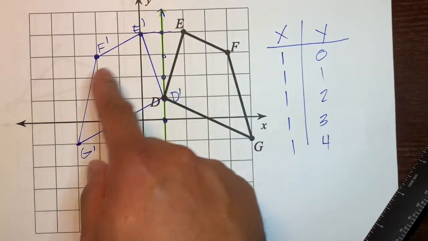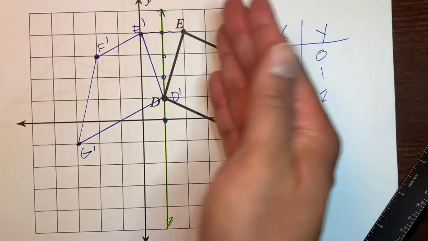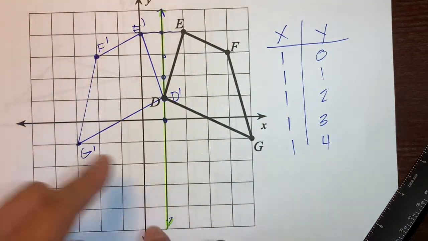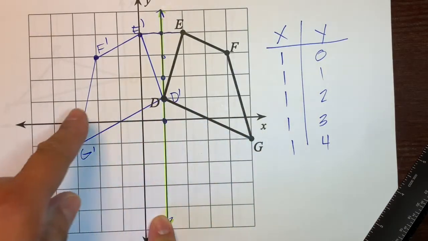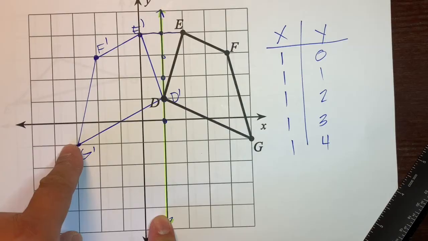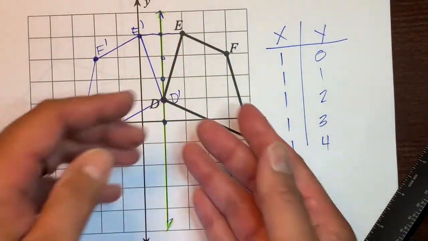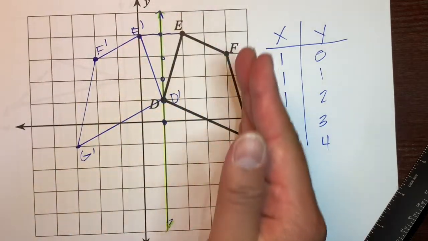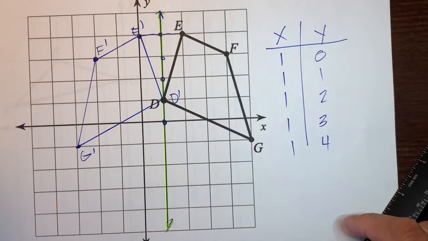And then here is E prime, F prime, G prime, and D prime. It's flipped over, it's reflected over. You notice the G is on the right side, the original G, but now that it's reflected, the new G prime is on the left side. Okay, F is on the right. So, because we reflected over this vertical line, whatever was on the right side is now on the left side.